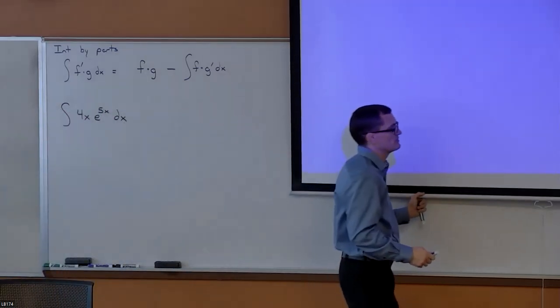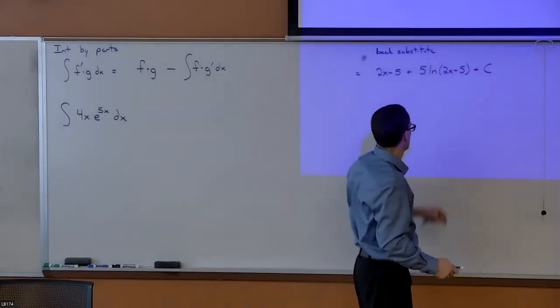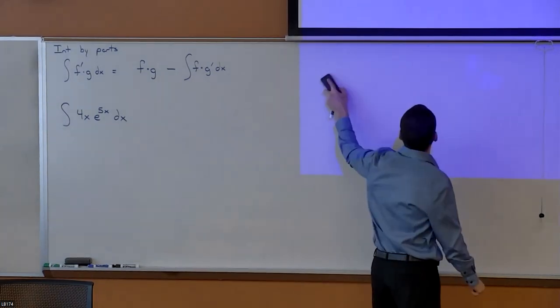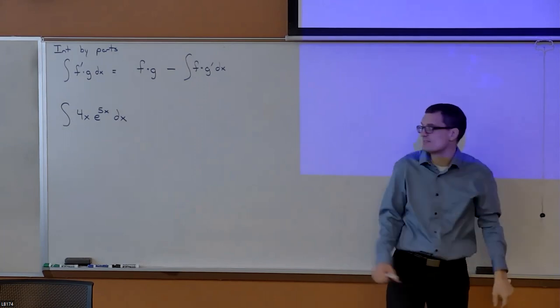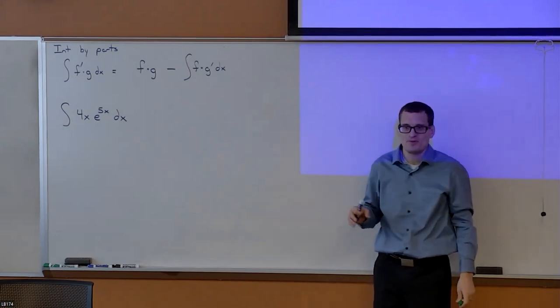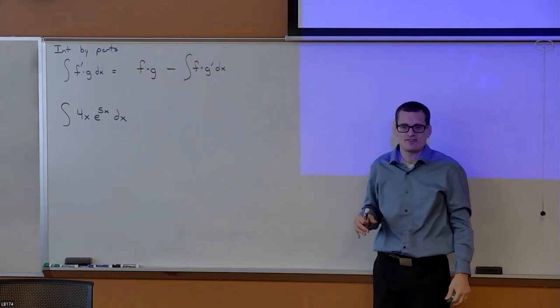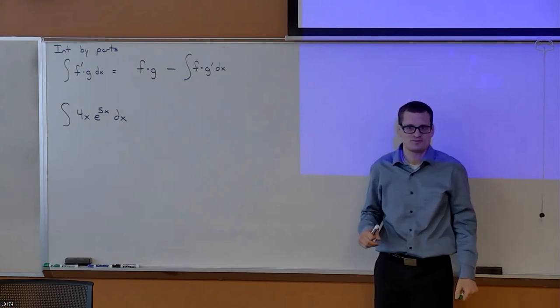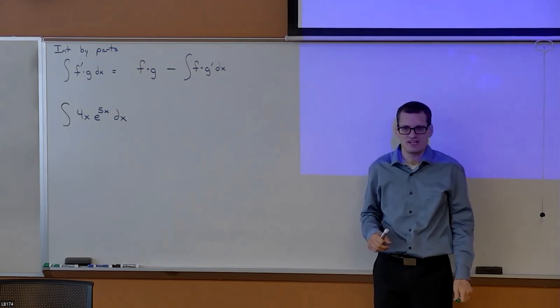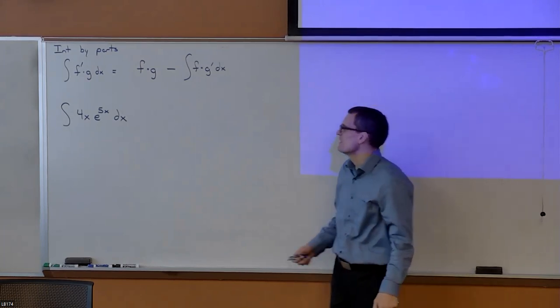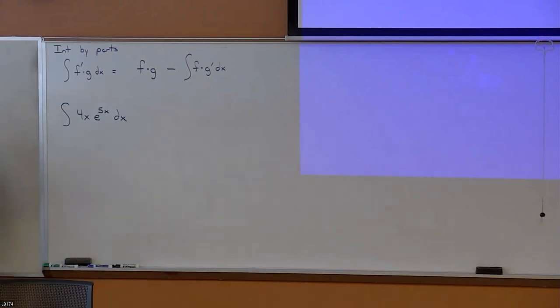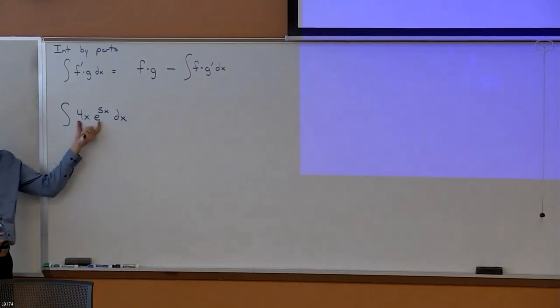Now, just as an offhanded comment, integration by parts sometimes takes a lot of room. So when you organize this in your notes, make sure you're organizing it in a nice, clean fashion. Takes a lot of room sometimes. So here's our function that we need to integrate.